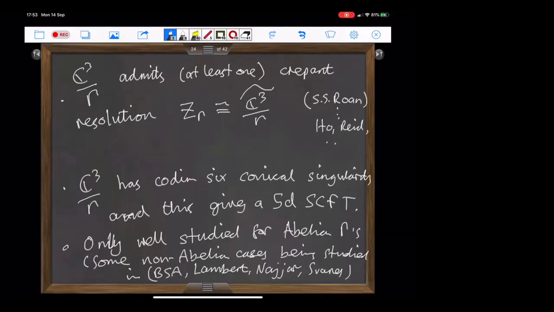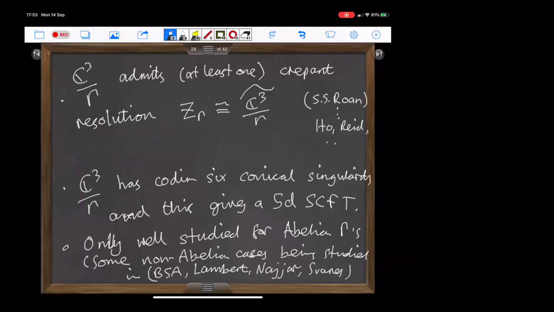It's known by this series of works that culminated in Roan's paper that such orbifolds admit at least one crepant resolution. And so that's our candidate for the Calabi-Yau manifold, although in general, not so much is known about the Calabi-Yau metrics for general gamma.